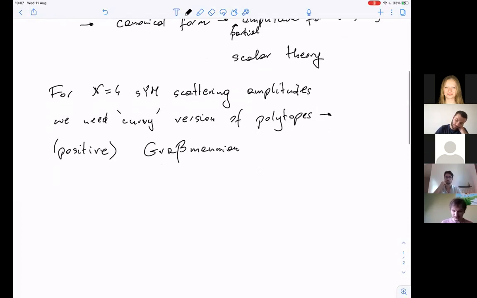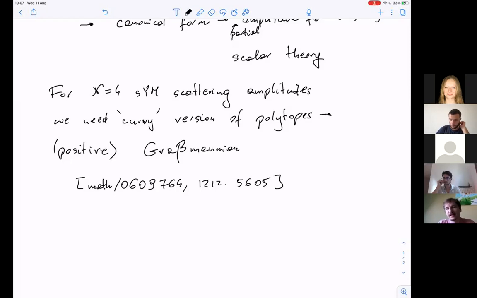And this was answered. So I just give you two references for the Grassmannian and the positive Grassmannian. One was done by Postnikov quite a long time ago. So this boundary structure of the positive Grassmannian was studied in this paper, and then in 5605, that's a paper by Nima and collaborators, which describes how this positive Grassmannian fits into this story of scattering amplitudes.